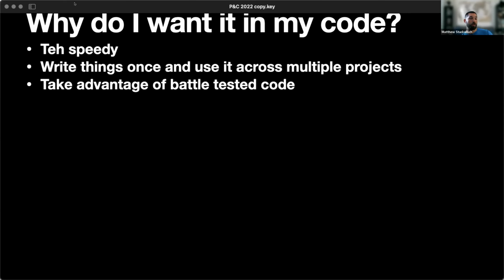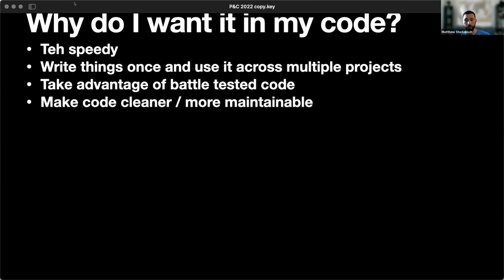If you are using somebody's module and you know that it's been used in lots of other projects, or even in your own projects, and you've given your own testing, then it's a lot safer for you. And of course, it makes your code cleaner and more maintainable. You don't have to update code in 10 different places for that custom sort routine that you wanted.